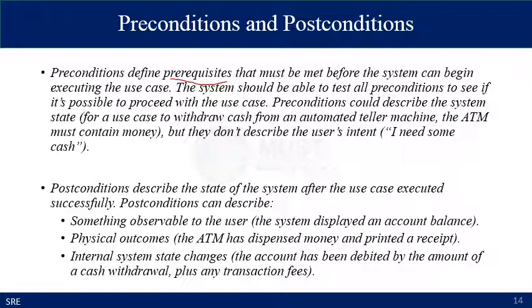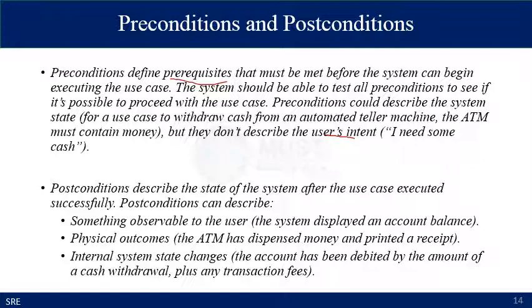The system should be able to test all these preconditions to see if it's possible to proceed with the use case, and the preconditions could describe the system state for a use case. To withdraw cash from the automated teller machine, the ATM must contain money. So this is a precondition. But these preconditions do not describe the user's intent. For example, the user can have the intent that I need money.